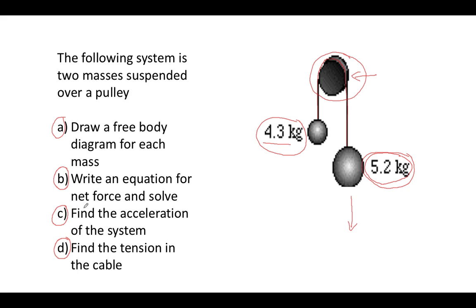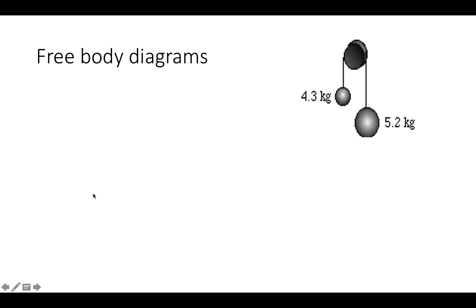So let's begin. Starting with the free body diagram, the 5.2 kilogram mass is going to have a force Fg pulling it down, and it's going to have a tension force pulling up.